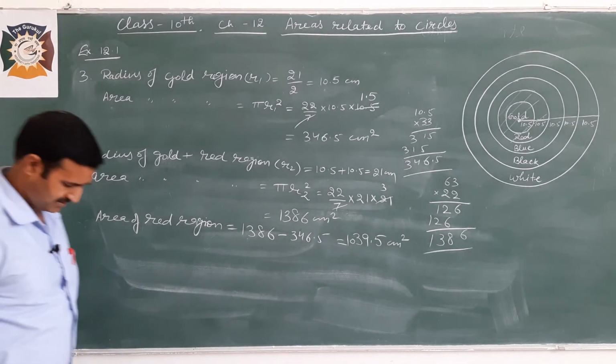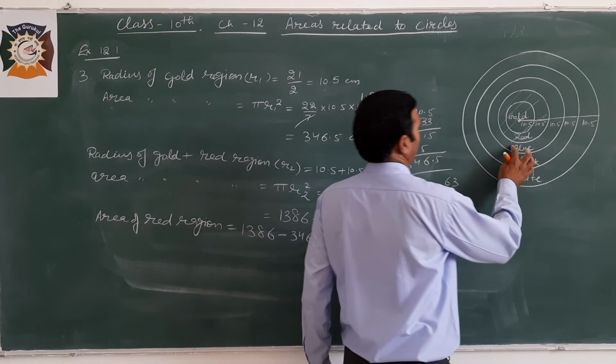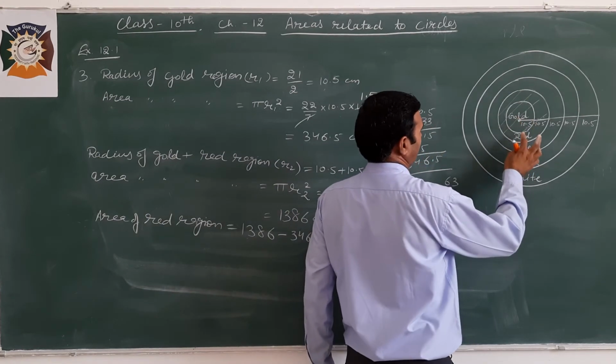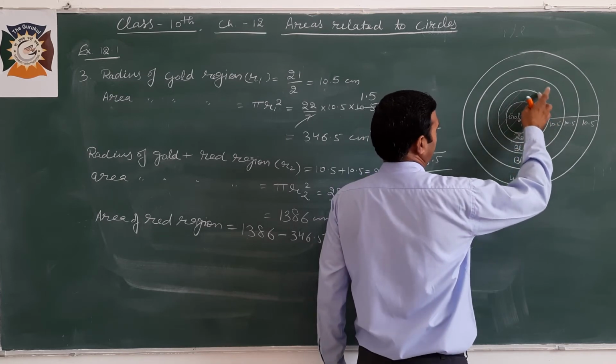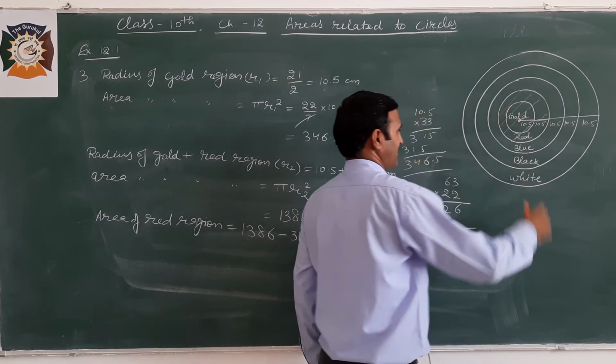Now for the blue region, I'll find the area of gold plus red plus blue, all the three regions. Then I'll subtract the area of gold plus red.